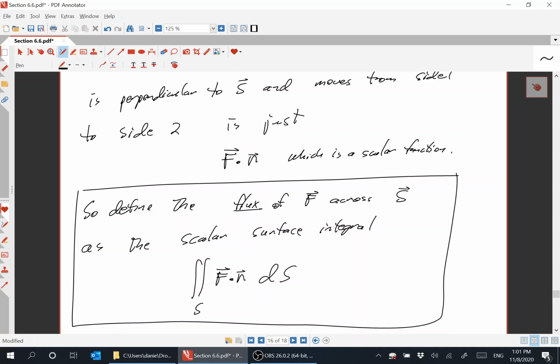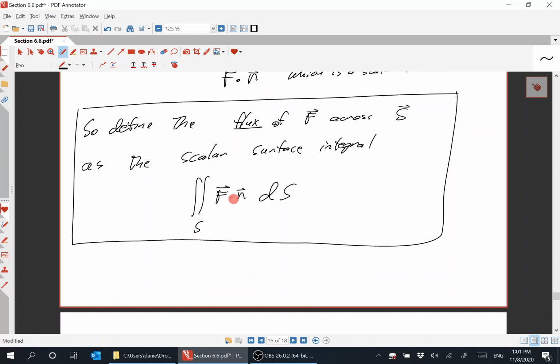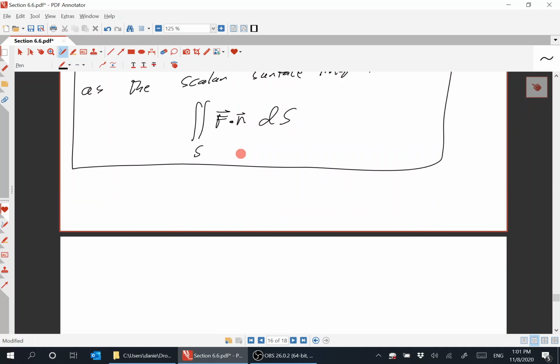Now, when you want to calculate it, it doesn't quite go like this. That's the definition of this surface integral. So one way to refer to it is this. Well, let me do this first. How do we calculate the double integral over S of F dot n dS?